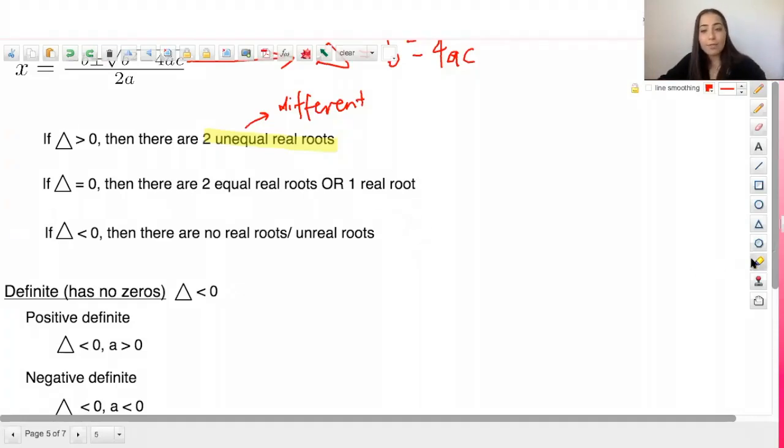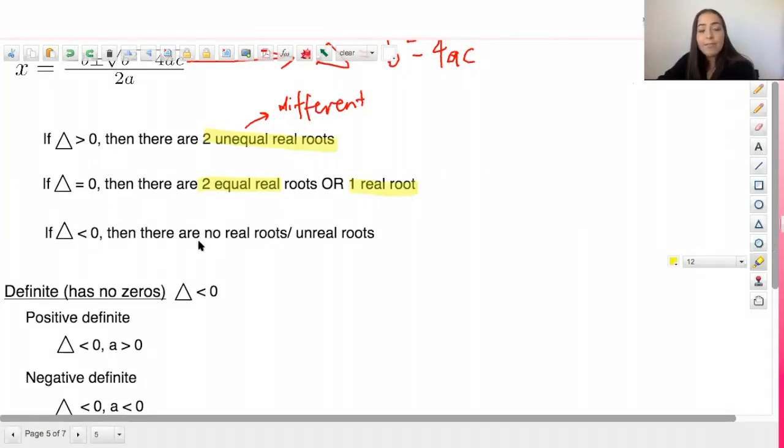Then if your discriminant is equal to 0, then you have two equal real roots or one real root. What that means is you can have x equals 2 and x equals 2. So you have two equal real roots, or you can look at it as just having one real root because it's the same number.